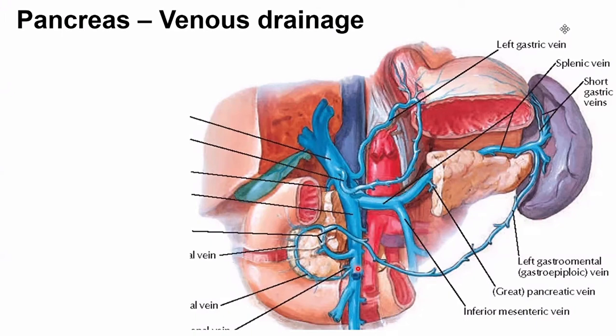Both of them drain into the superior mesenteric vein. So this comprises the venous drainage of the pancreas.